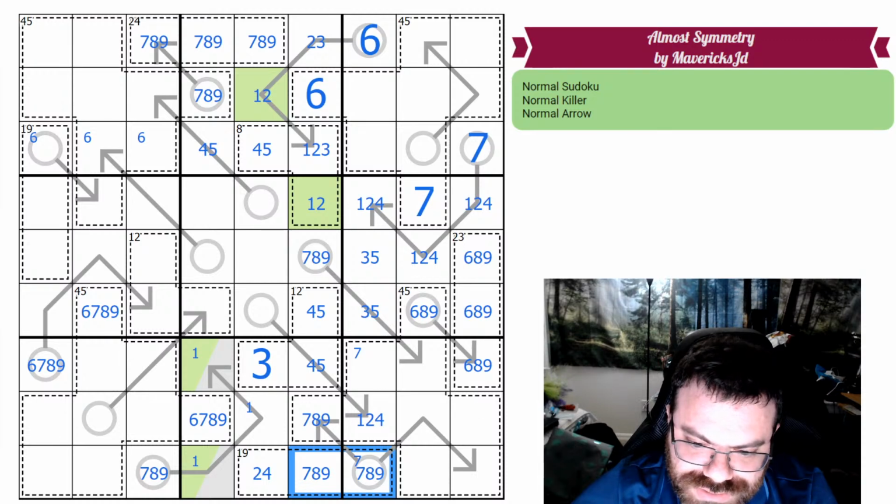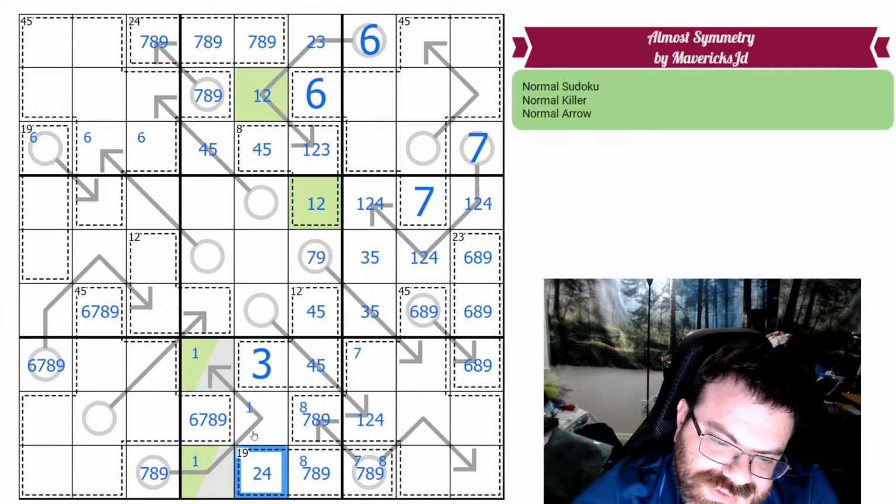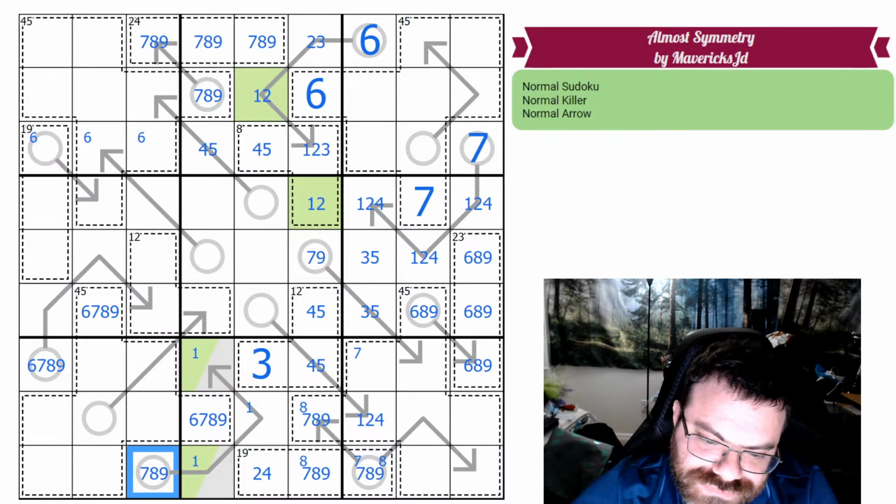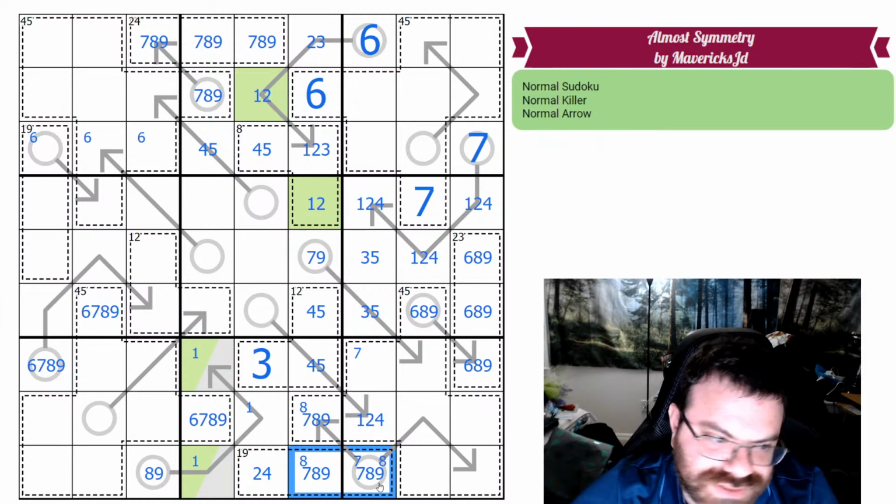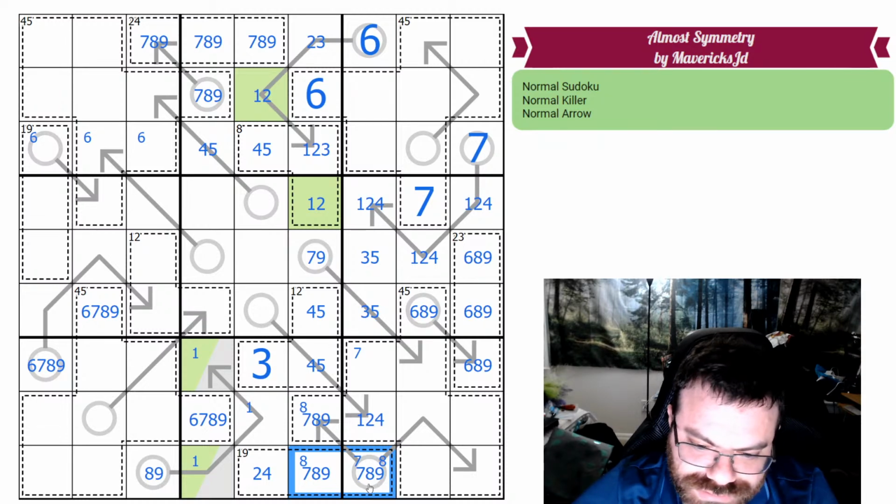There's an 8 in one of these two. Which means there's actually an 8 in one of these two. So this can't be 8. This is 2, 4. So this can't be 1, 2, 4. So this can't be 7. So now the 7 must be in here. So this has to be 7, 8, 4.